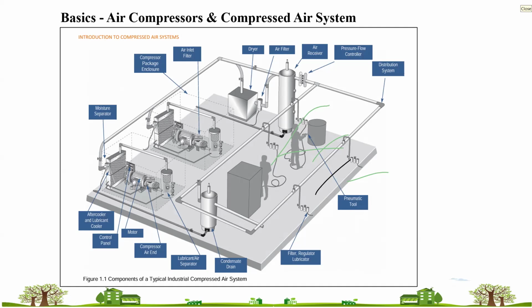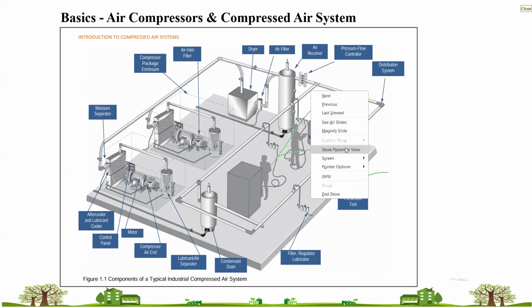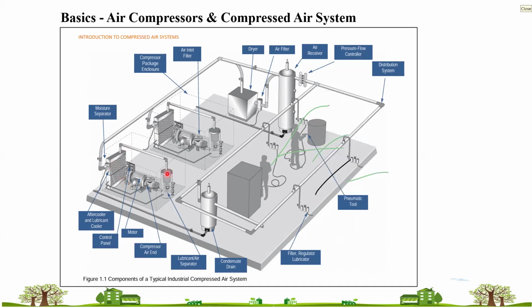So this is an entire picture of any industry where there is an application, with a compressor side and a distribution side shown in this picture. I'll use the pointer. So this is your air compressor.